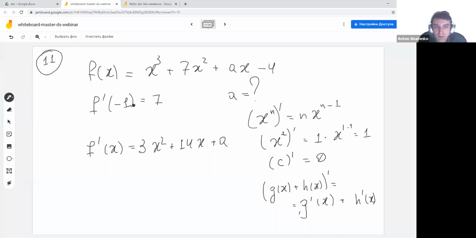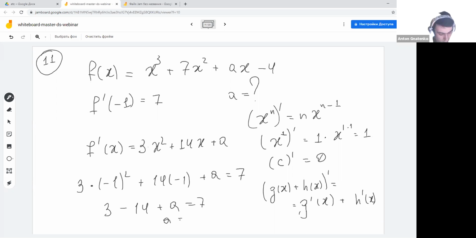So we now can substitute -1 into this expression, and we know that the result will be 7. So it's 3 times (-1) squared plus 14 times (-1) plus a is 7, which is 3 minus 14 plus a is 7, from which a equals 18.